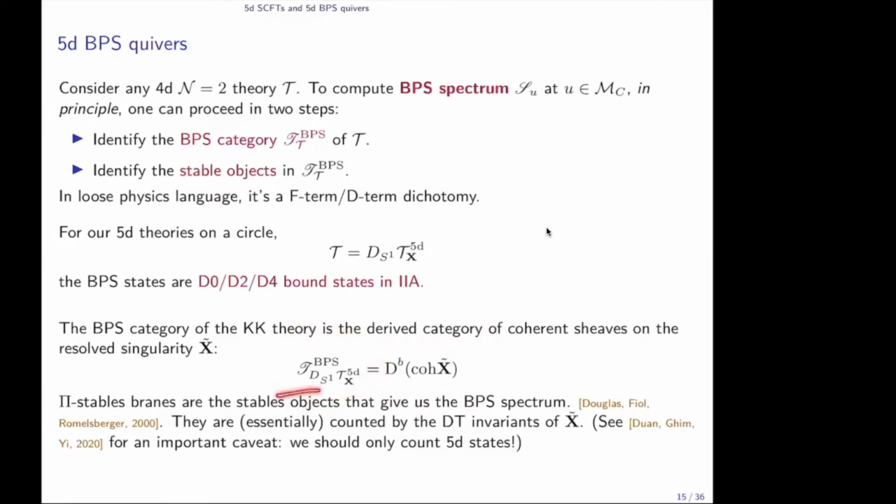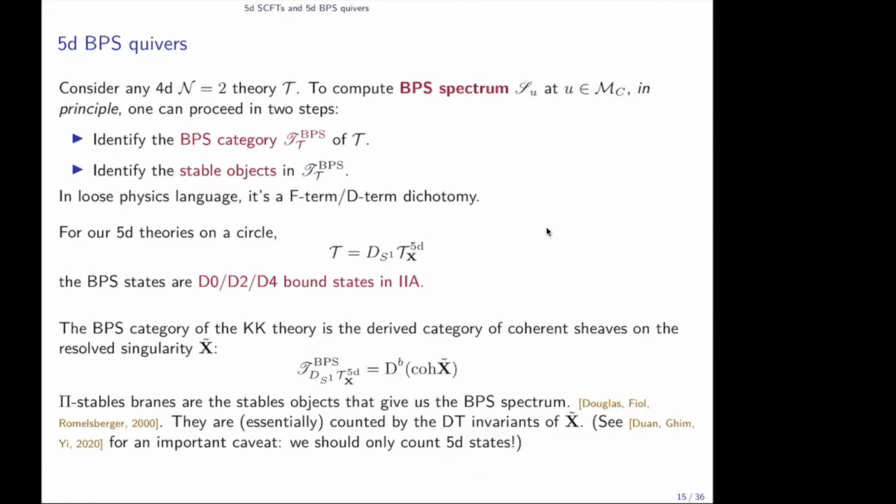So those BPS states are essentially DT invariants in mathematics, although there's been some interesting work by the group here at KIAS that insisted on the fact that we should really consider 5D BPS states. So that's important. It's a question of normalization. When you count DT invariants, in general, there will be states that you would count in DT theory, but are not really normalizable in the 5D sense, and so should not be counted as 5D BPS states.